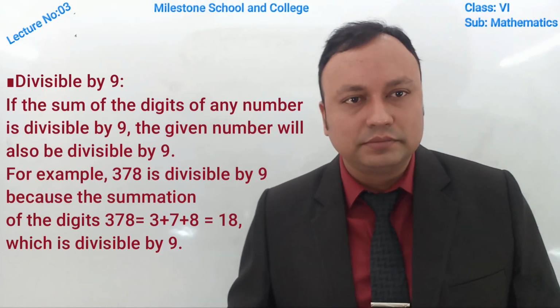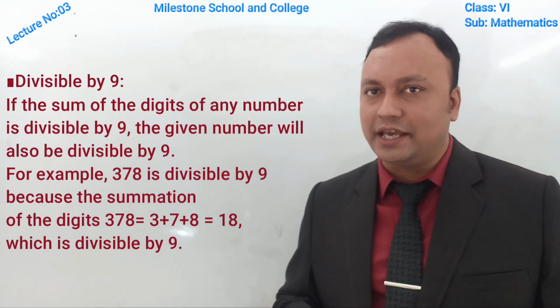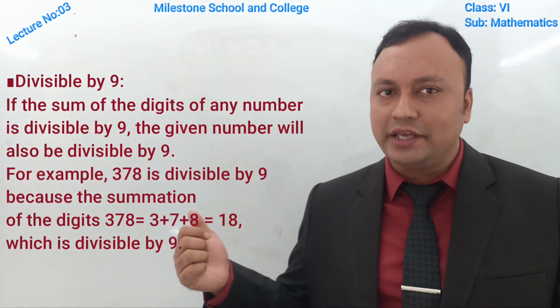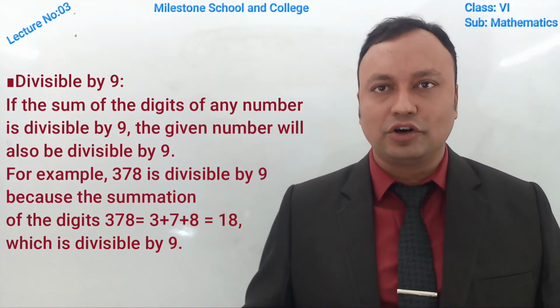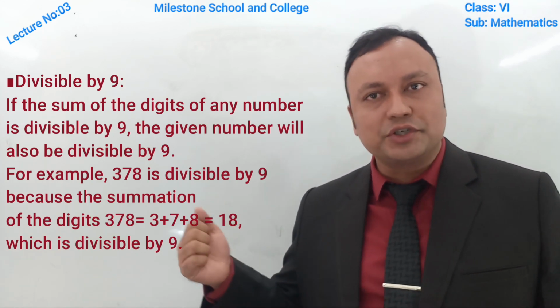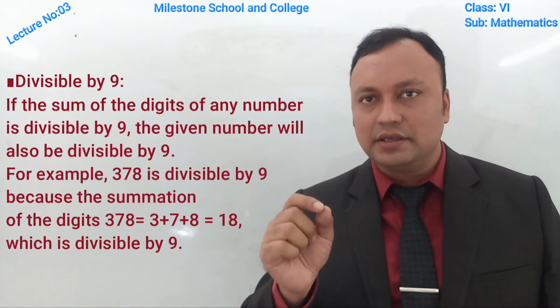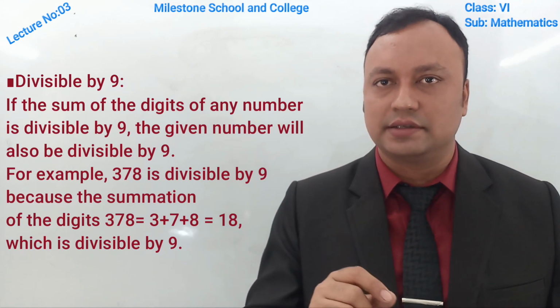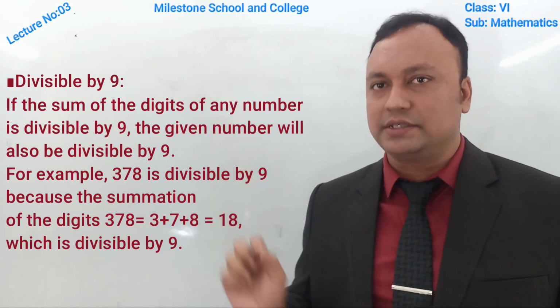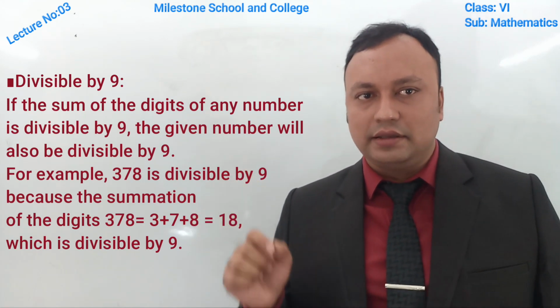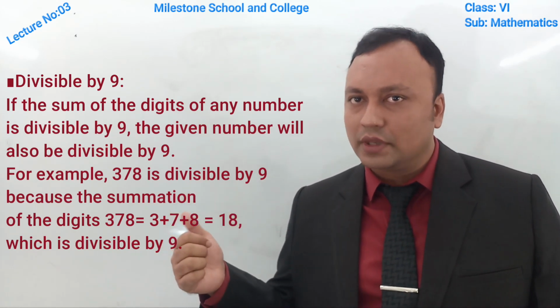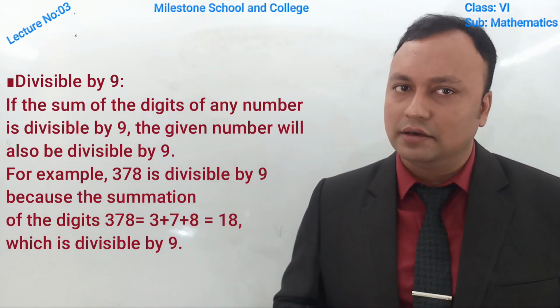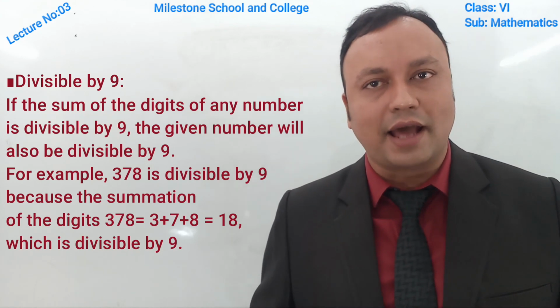For example, 378 is divisible by 9 because of the summation of the digits. As you can see, 3, 7, 8, there are 3 digits, and if we make the sum of these digits, 3 plus 7 plus 8, that would be 18, which is divisible by 9.